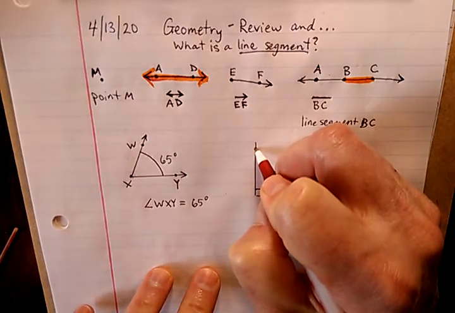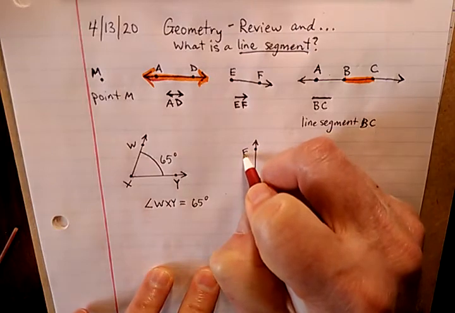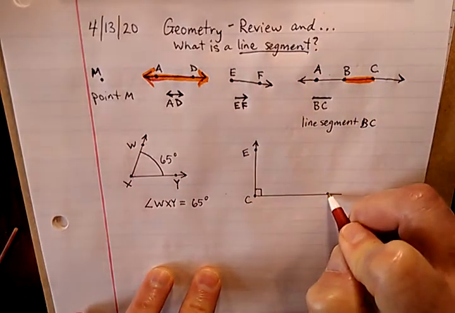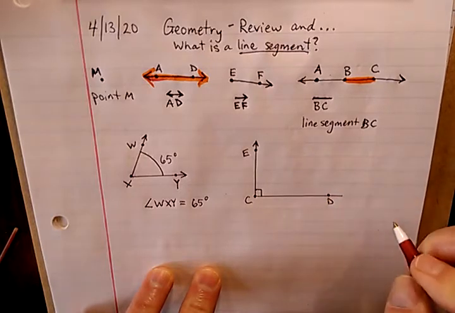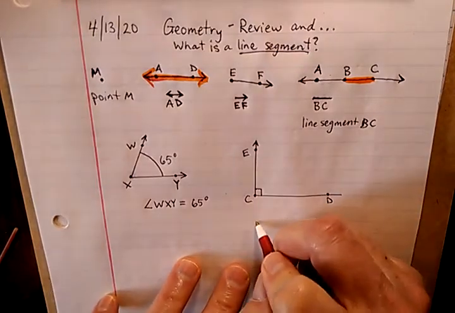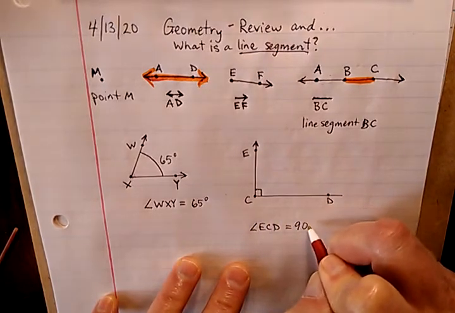well, this one we're going to call angle ECD. We say angle ECD equals 90 degrees.